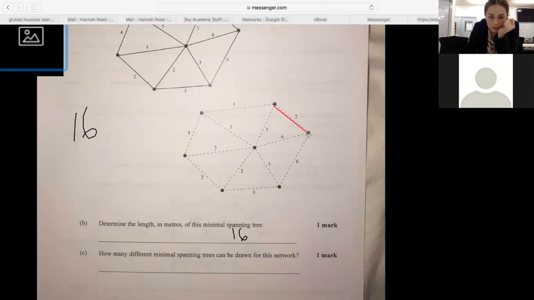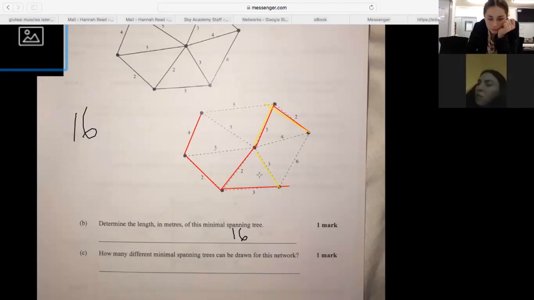Are you having a look at how many ways there are as well? Yeah. Okay, there's that way. But I think there's also this way. I think that's the 2 ways, the yellow and the red.